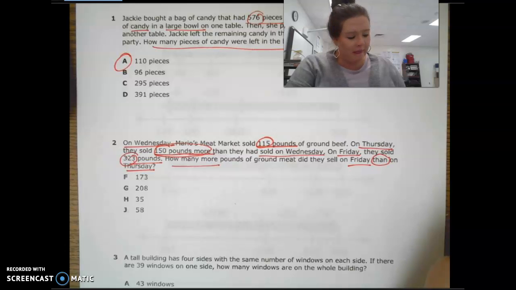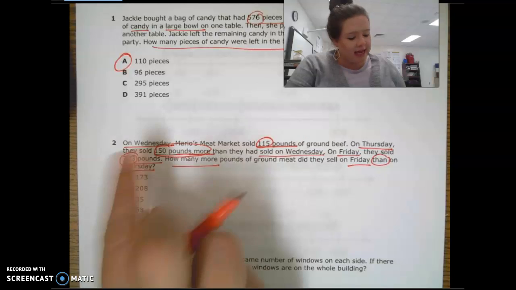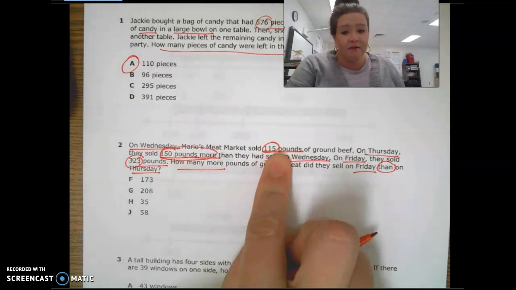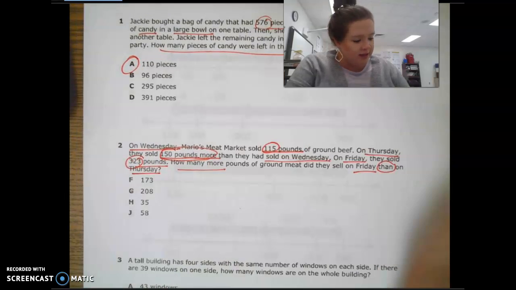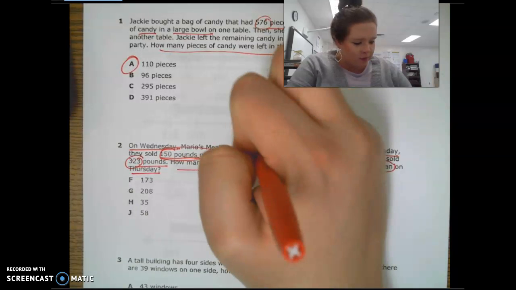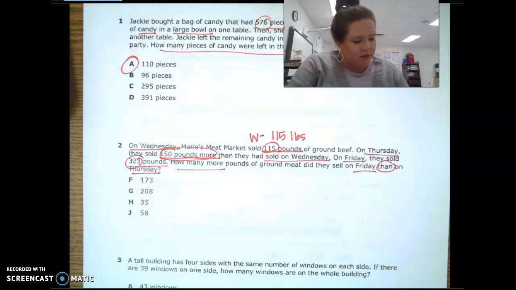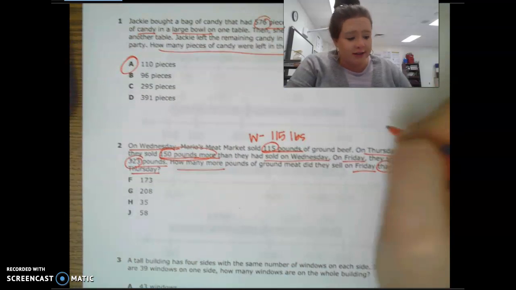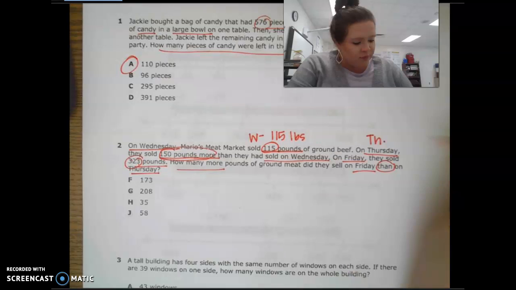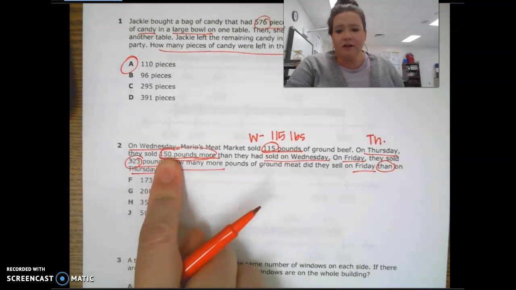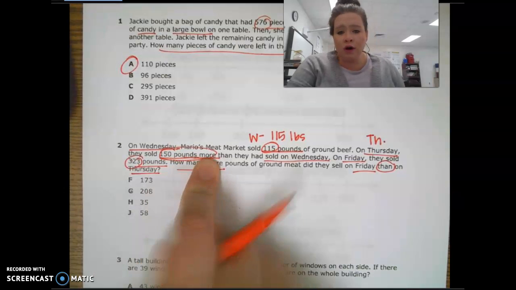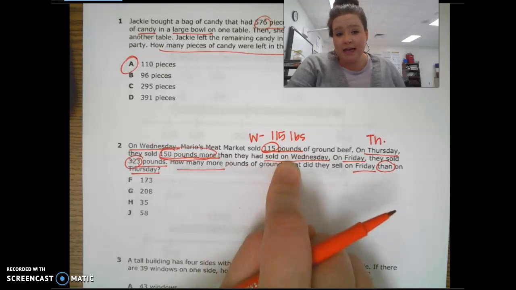So, I know that Wednesday they sold 115 pounds. Thursday is 150 pounds more than they sold on Wednesday.